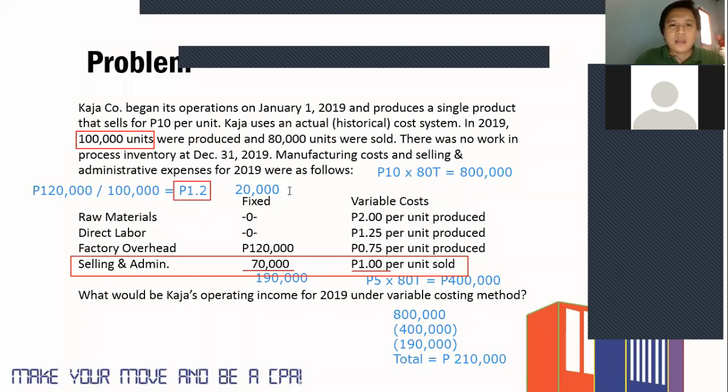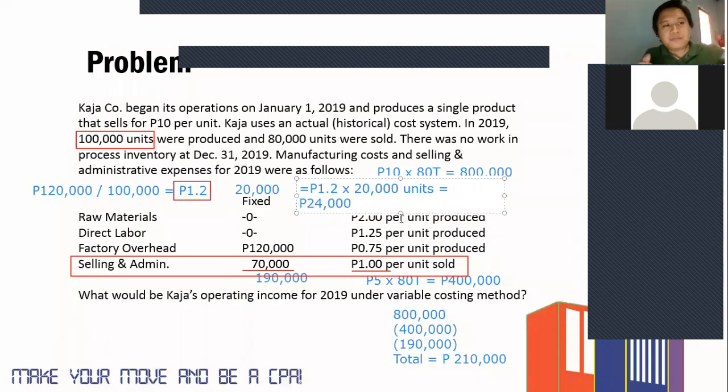Kaya naman, ito yung difference ng profit between variable costing and absorption: the portion wherein hindi pa natin na-recognize. And that would be 1.2 times 20,000 units. So this will equal, magkano to? 24,000 ba to, if I'm not mistaken?